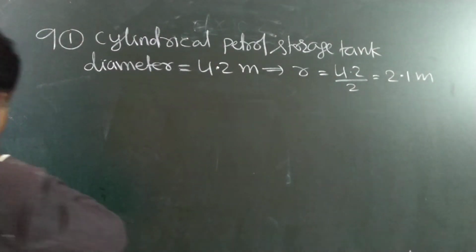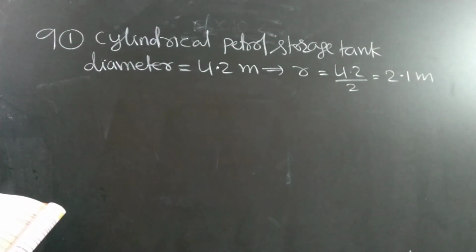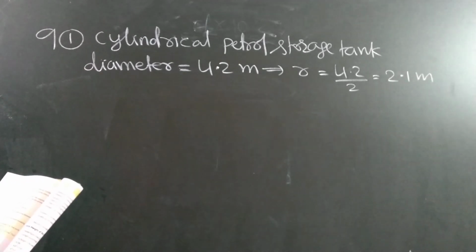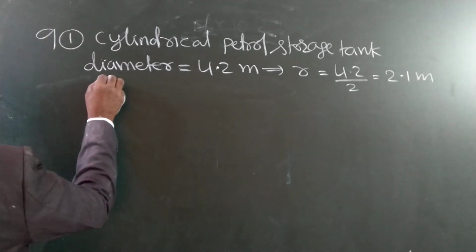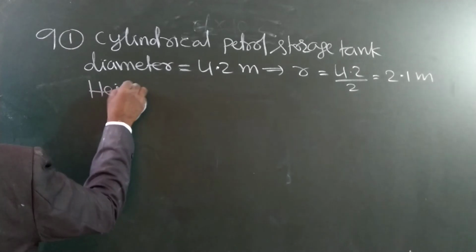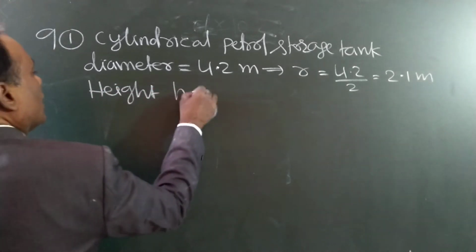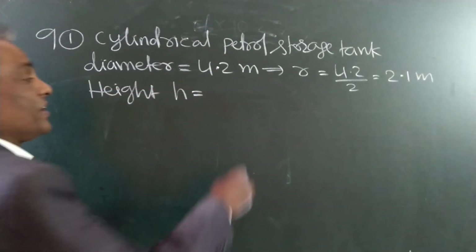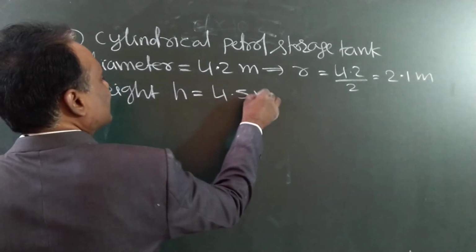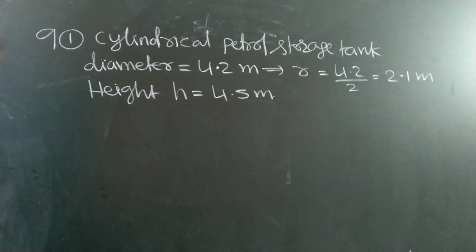Next, the question is total height is given. What is the height? 4.5 meters. Radius is 2.1, height is 4.5.